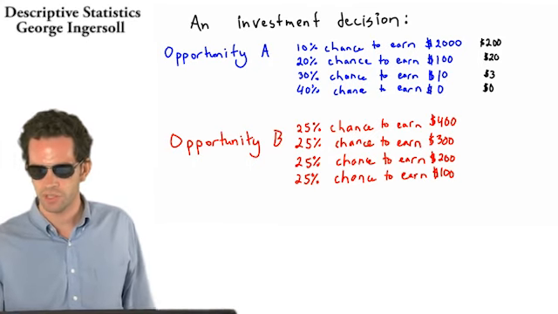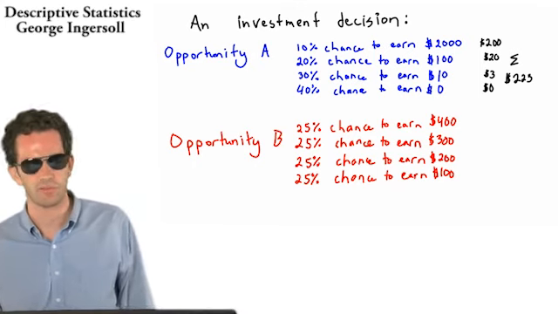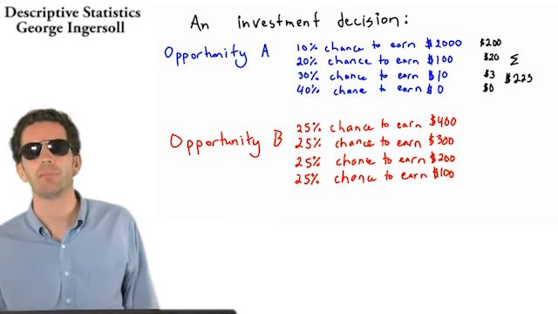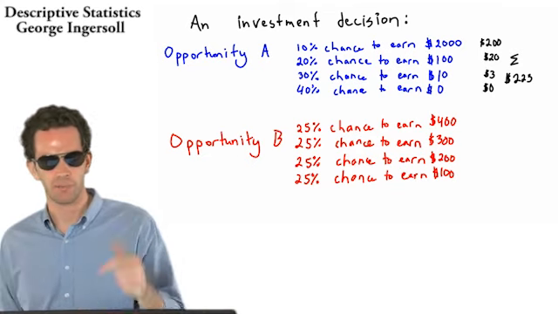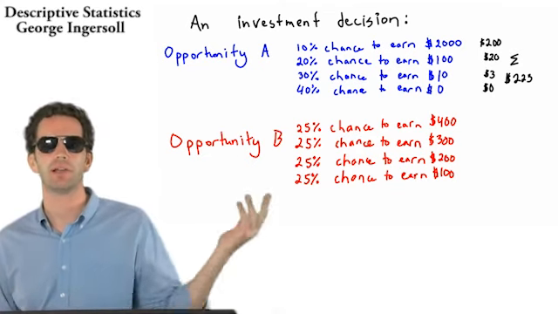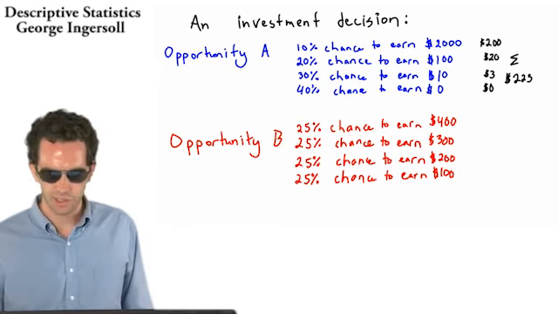Now we add all this up, and we get $223. That's the value of investment opportunity A. We don't have to divide by anything because percentage probabilities add up to 1 anyhow, so dividing is unneeded.